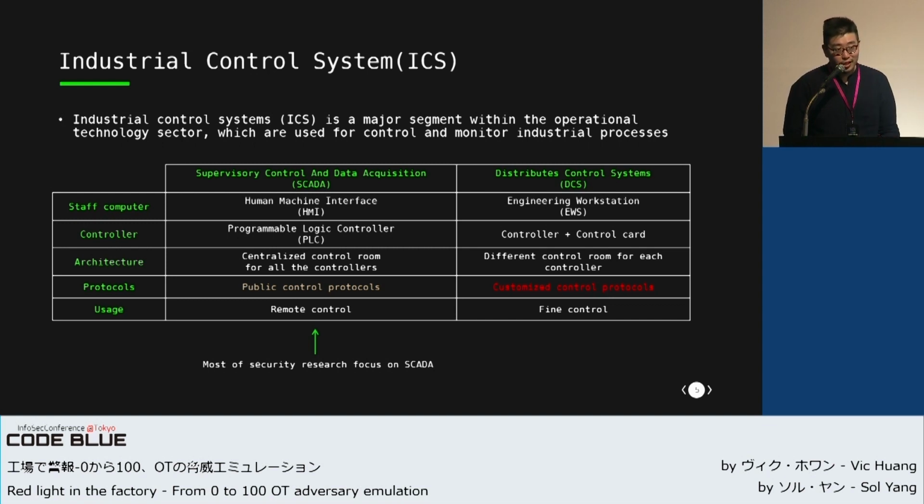The second, instead of using private, or you can say customized control protocols, SCADA is mostly using public control protocols. So most of the research is in the SCADA, because it's easier to get information and devices on SCADA.